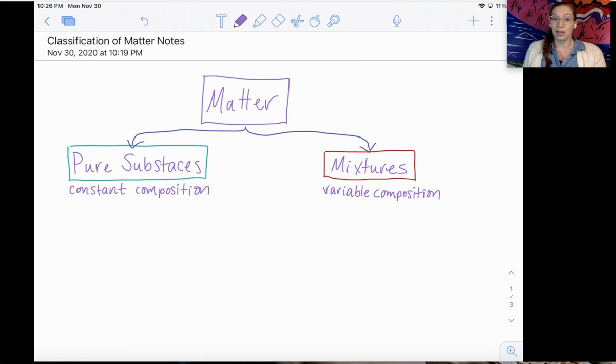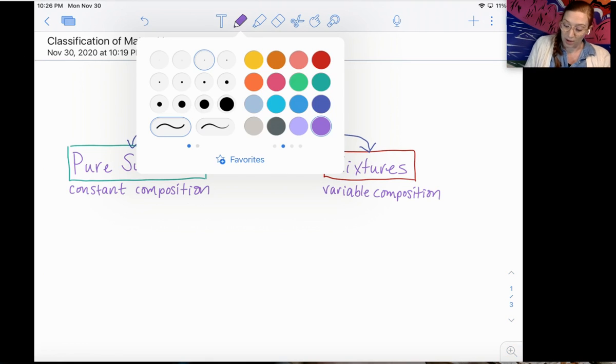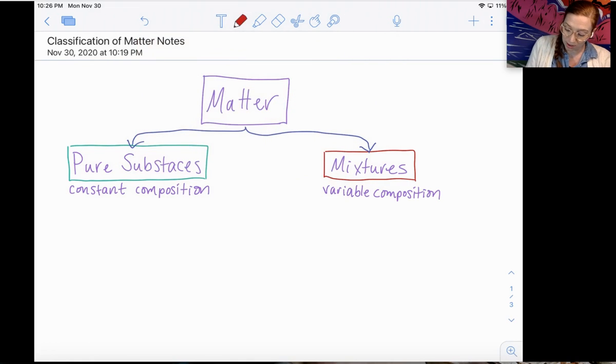We can take mixtures and we can separate them. Now, we say that they are separated by physical means. And I'll give you some examples of that.